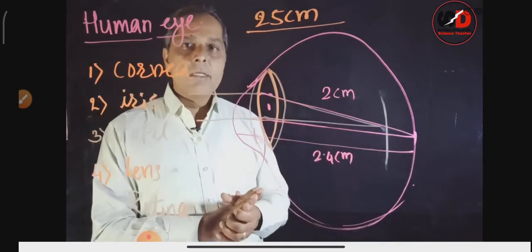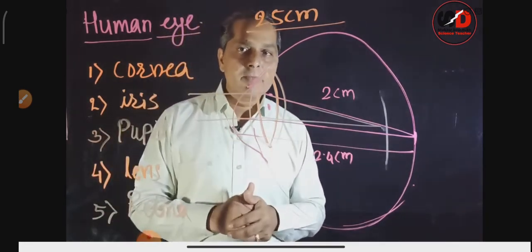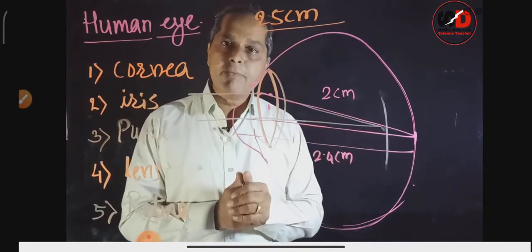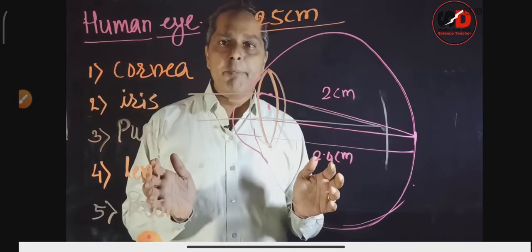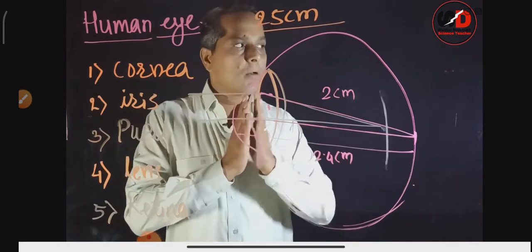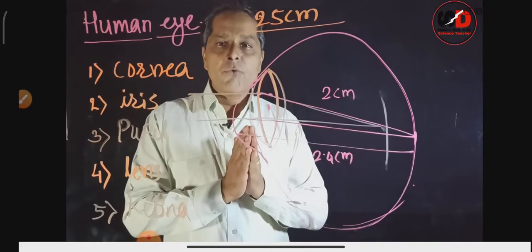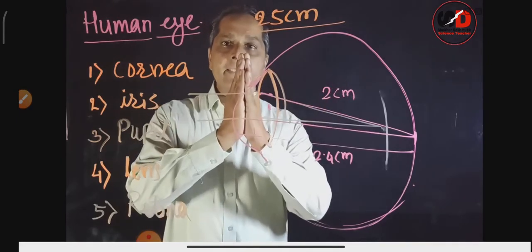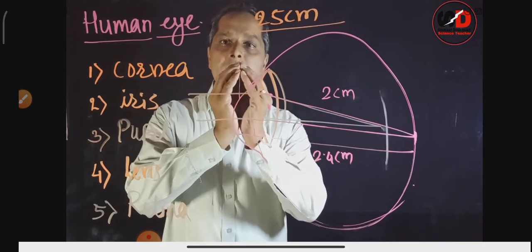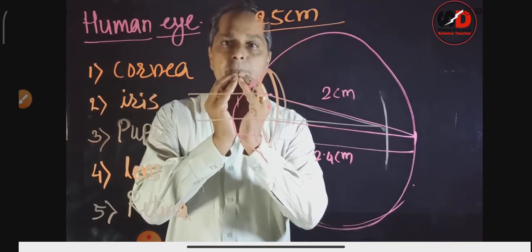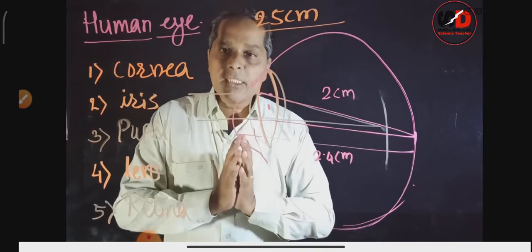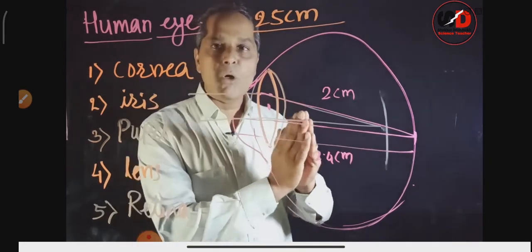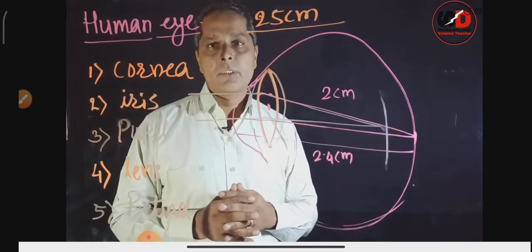Then we have seen the functioning of the eye lens, that means the power of accommodation. The lens can change its shape. It becomes flat whenever the object is very far. If we try to see a nearer object, then the lens bulges out, it changes its shape, it becomes round, and it reduces the focal length in such a way that every time the image is formed on the retina.